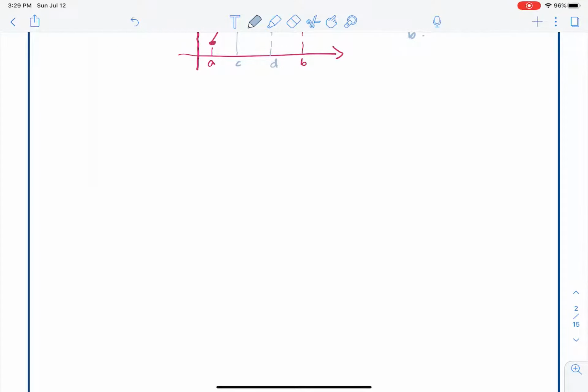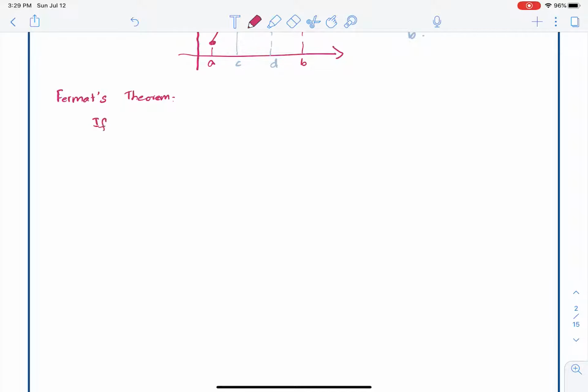Another important theorem here is Fermat's theorem. What does the theorem state?